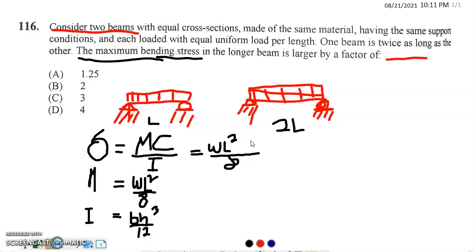Let me just write that as C for now, and divide everything by I, which is BH cubed over 12.